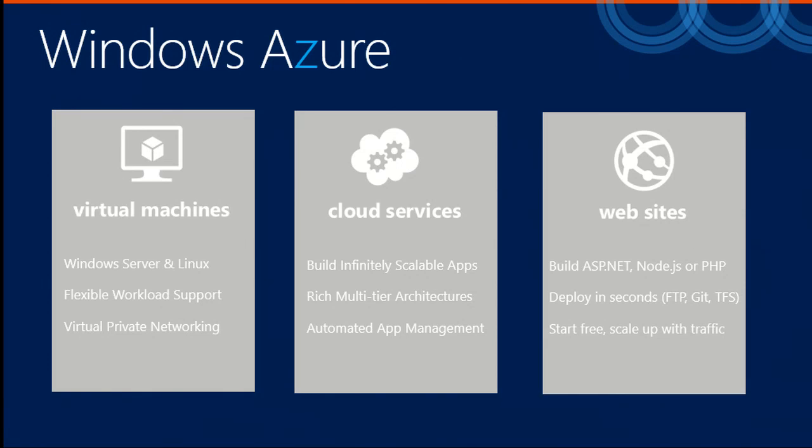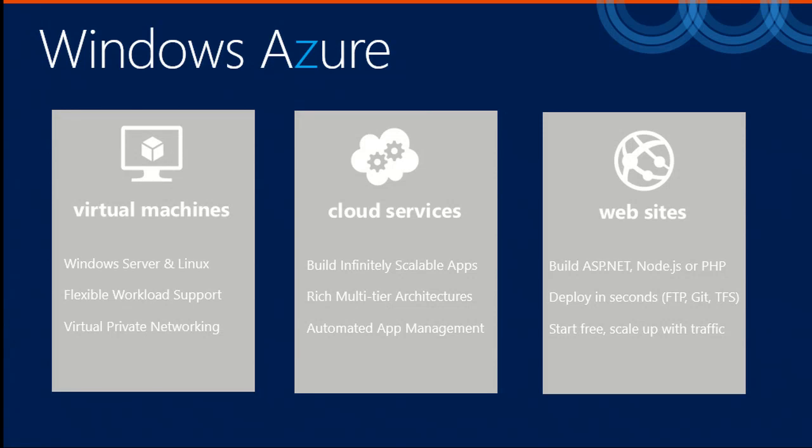And third, of course, is the availability of websites. These are traditional websites that you're used to running on premises, but you can run them in Azure and run them at scale, and we manage the entire stack for you. In addition to providing these 3, there's a 4th one, which is mobile services, fully managed backend for running mobile applications, which can connect to iOS, Android, or Windows Phone devices.